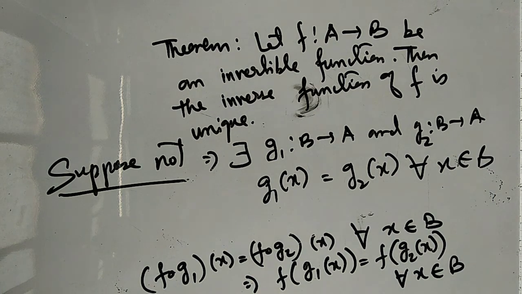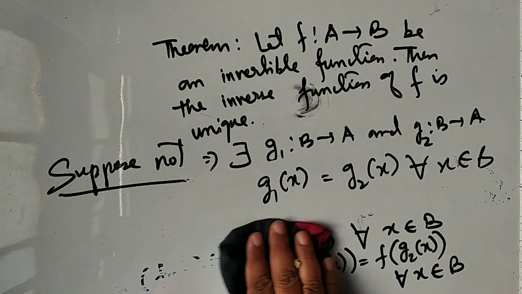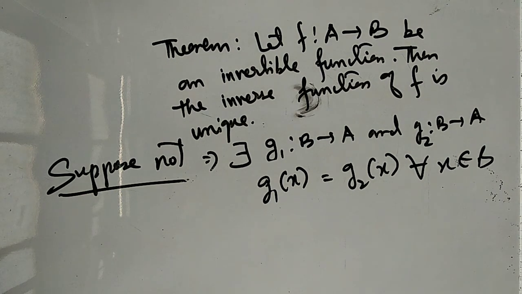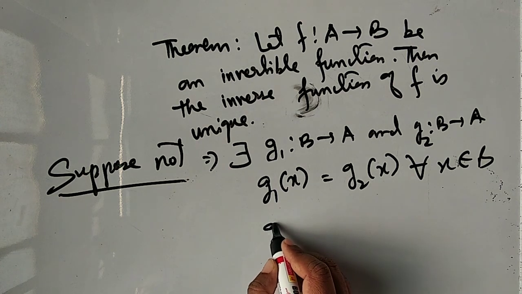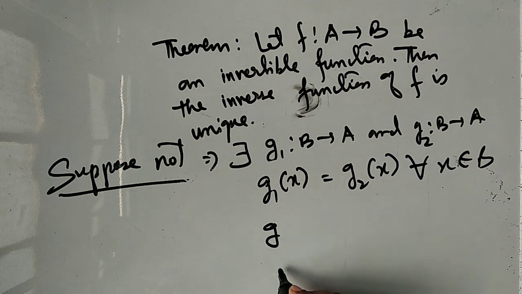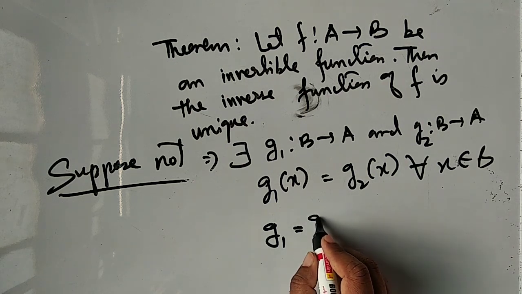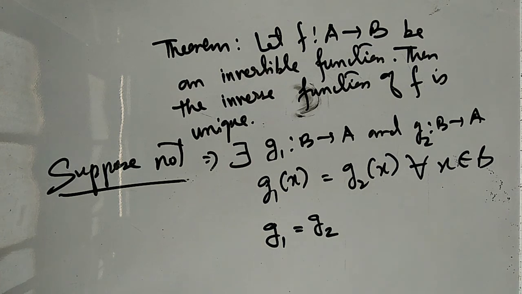What does this mean? Two functions are there from B to A, so their domain is the same, codomain is the same, and from this line their functional value at each point of B is the same. I explained equality of functions in my previous videos. So by that definition of equality of functions, these two functions must be the same.